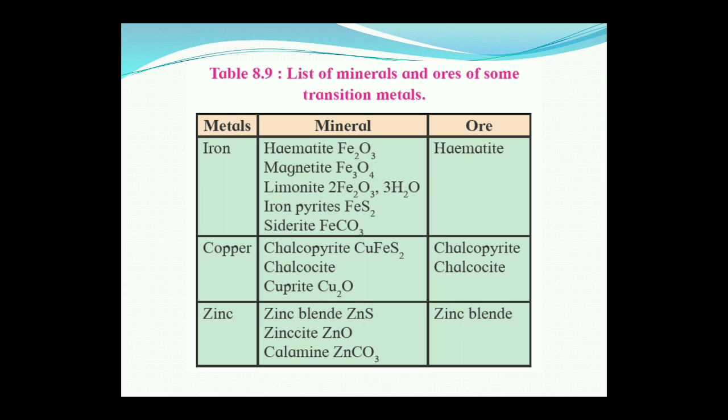Sometimes chalcocite is also used. Likewise, zinc has minerals such as zinc blende, that is ZnS, zincite, that is zinc oxide ZnO, and calamine, which is zinc carbonate, that is ZnCO3. Out of these three minerals, zinc blende has a higher percentage, hence it is used as the ore from which zinc can be separated.